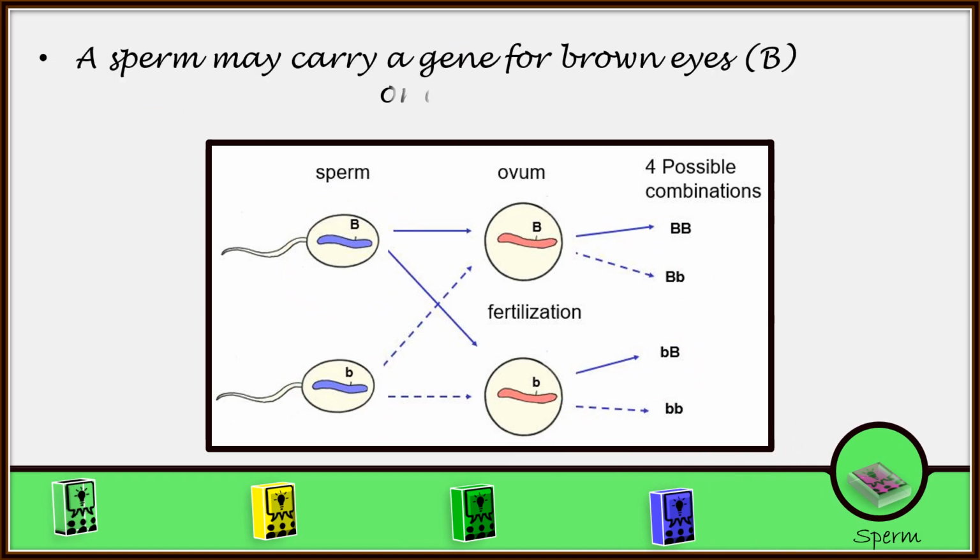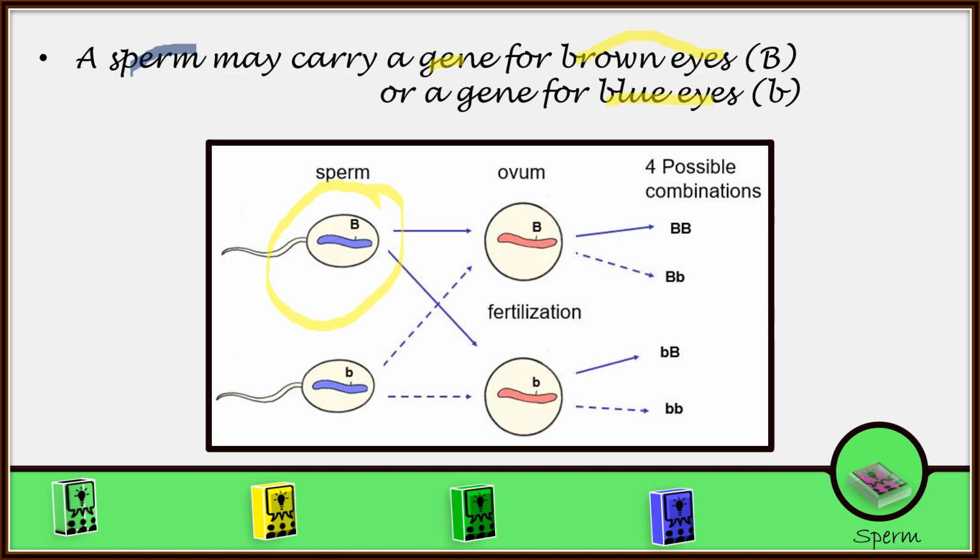So our sperm may carry the gene for brown eye, which is capital B, or it may carry the gene for blue eye. So the sperm here is carrying a gene for the brown eye. At the same time, it is carrying a gene for blue eye here.